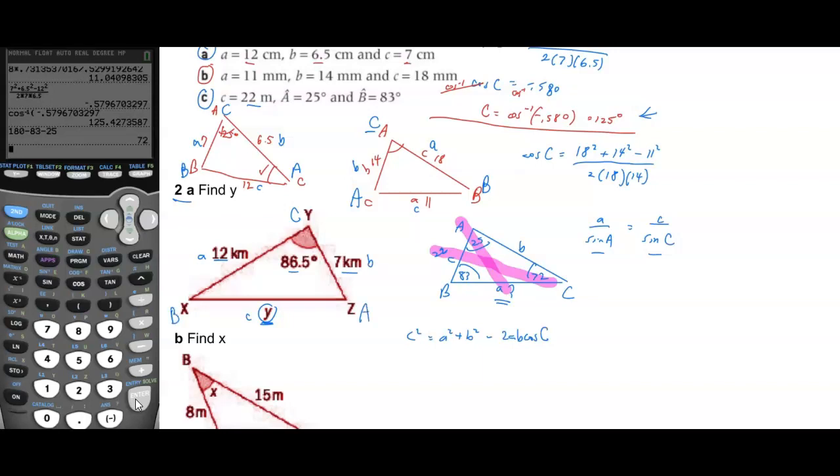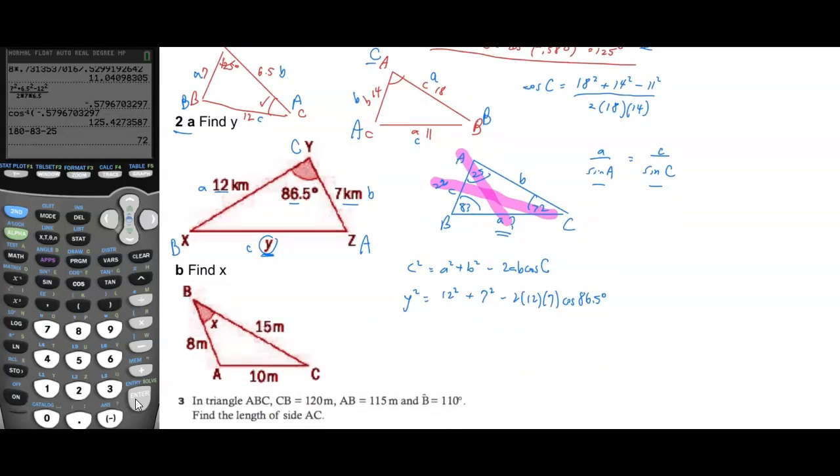Okay, so now let's fill in everything. So c squared is unknown. We can actually call it y squared because that's what they call it. Little a squared is going to be 12 squared, little b squared is going to be 7 squared, and then minus 2 times 12 times 7 times the cosine of c. It's going to be cosine of 86.5 degrees. Okay?